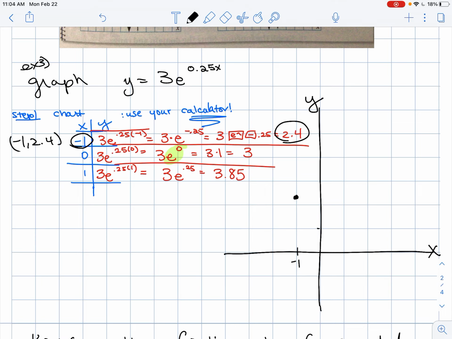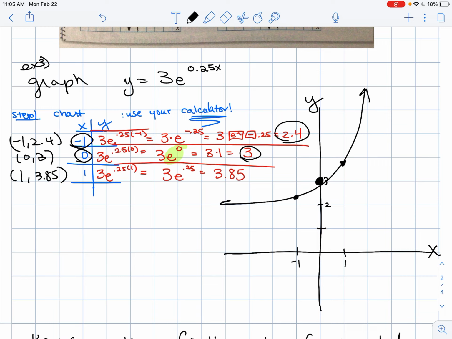That's about right here. So here's 1, 2, there's 0.4. And then we're going to go 0, 3. So at x is 0, y is 3, and that comes from here and here. Then our last one is 1 comma 3.85. So we're going to go over 1, up 3.85, and we're going to show what that looks like.